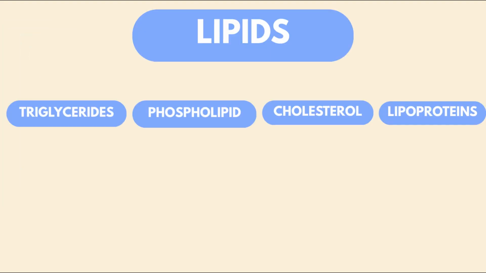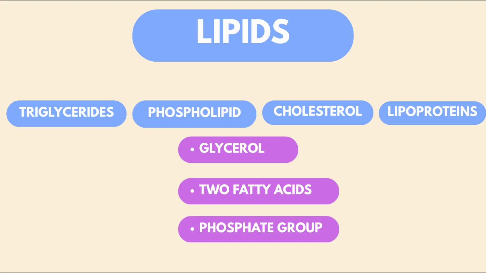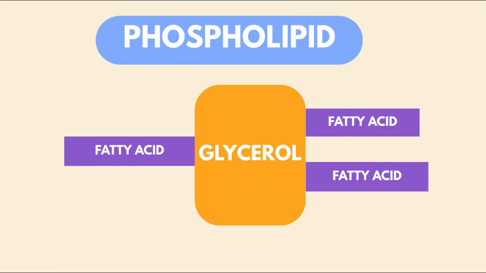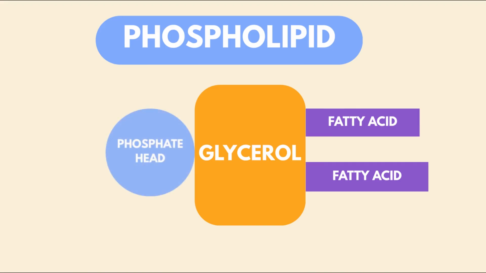So now if we move to phospholipids, again, there are three parts that make a phospholipid: one glycerol, two fatty acids, and one phosphate group. Actually, phospholipids are also similar to triglyceride, but what has changed is that instead of one fatty acid chain, it's replaced by a phosphate group.